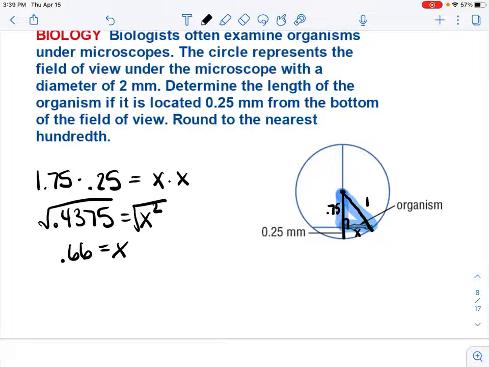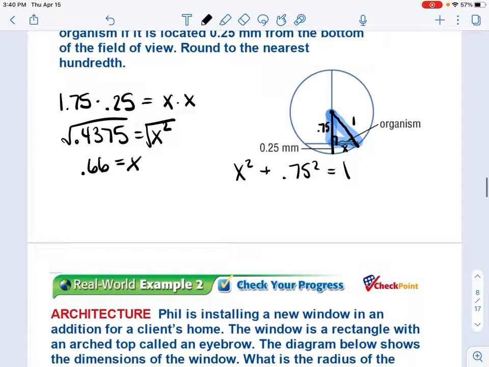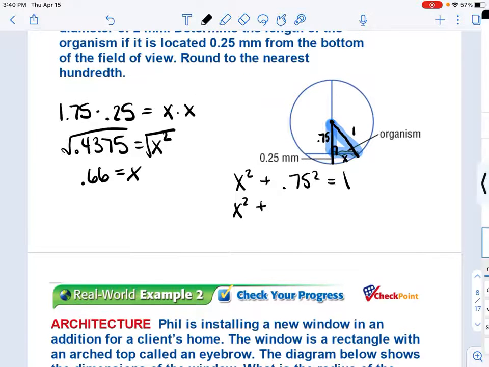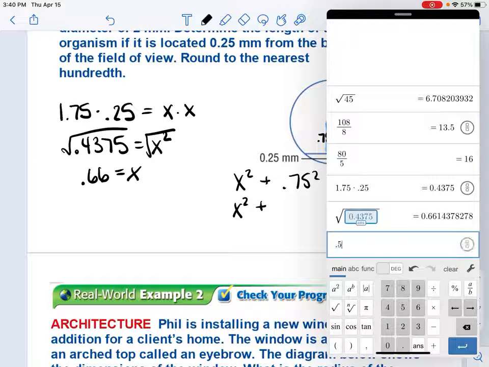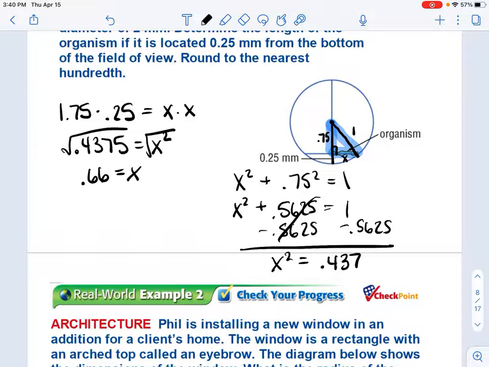So if we do the Pythagorean theorem and solve for x using this method, we end up getting, let me see here, the same thing.